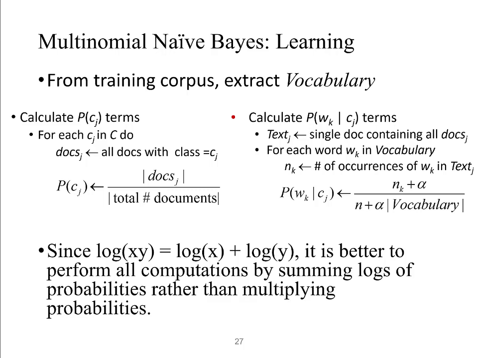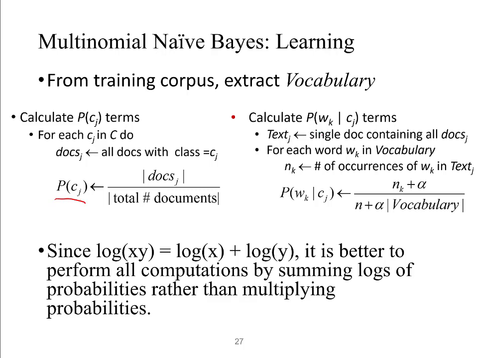So for each class label in C, we firstly compute the number of documents with class label equal to Cj. And as we already know the total number of documents, we can compute the probability of Cj easily.